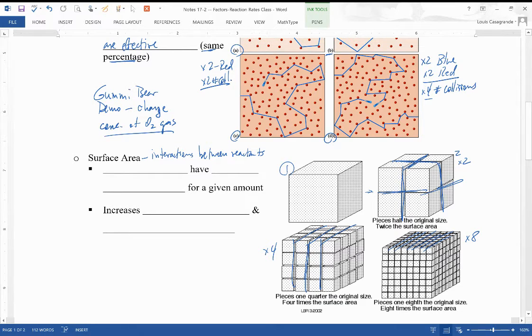And so what we're doing is we're making smaller particles. The smaller we get, the larger the surface area is. And that's going to be for a given amount, whether it's a given mass or a given number of moles.